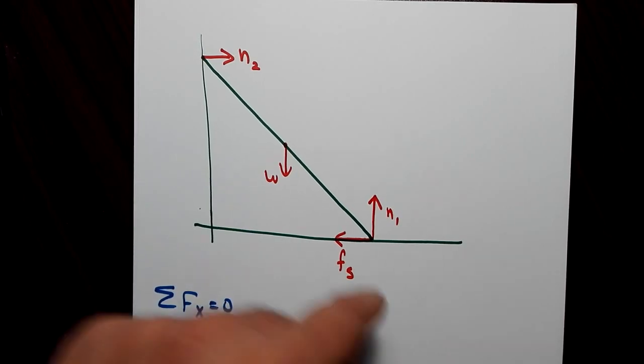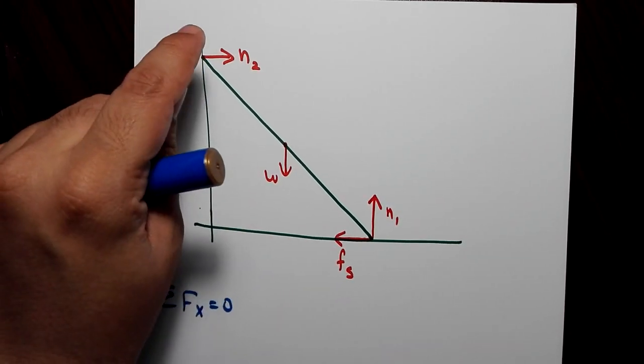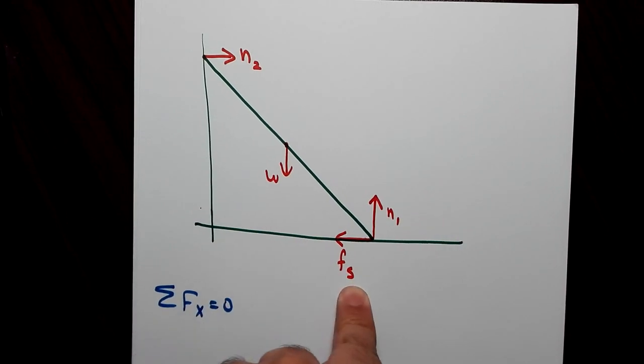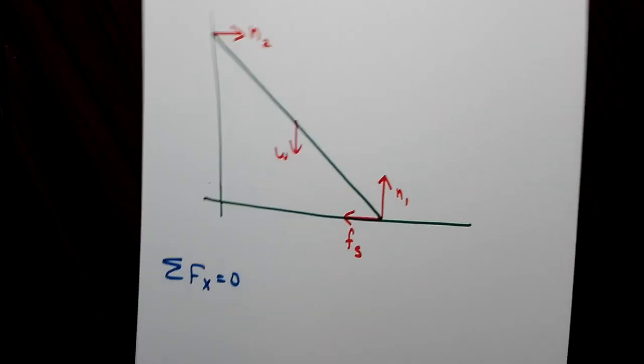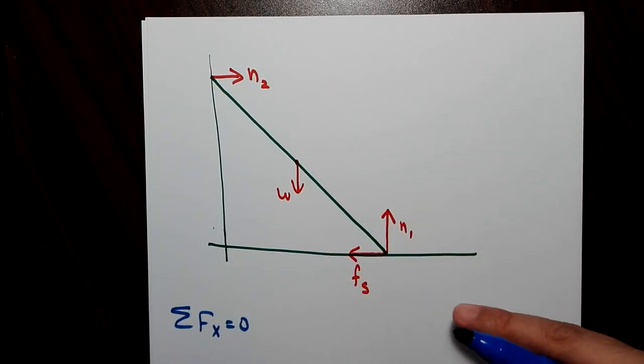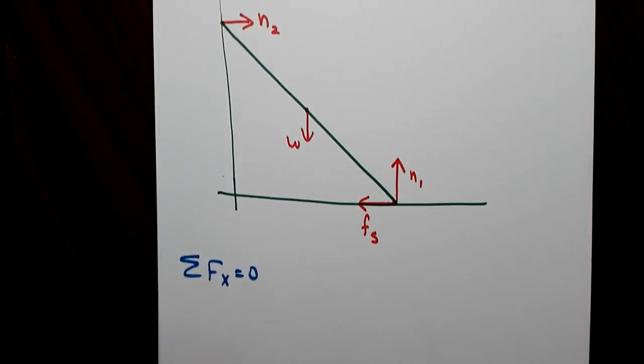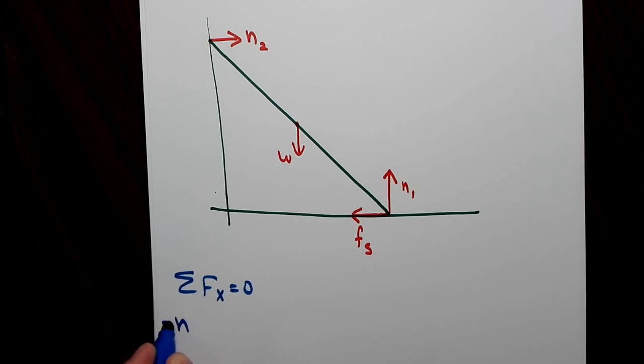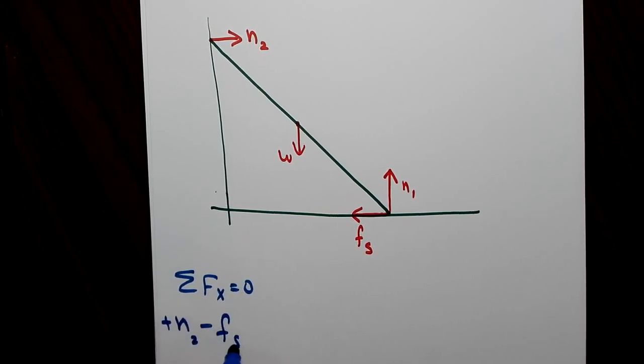You can see that N2 is horizontal, Fs is horizontal. N2 points towards the positive x-axis, and Fs points towards the negative x-axis. So the equation you get is N2 minus Fs is equal to 0. So N2 is equal to Fs.